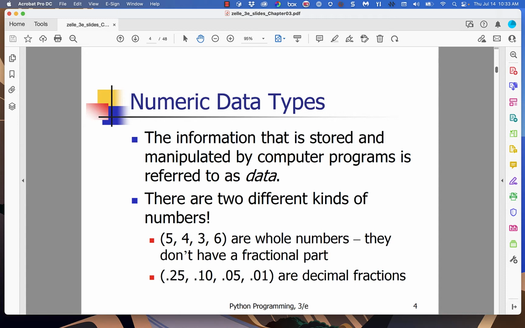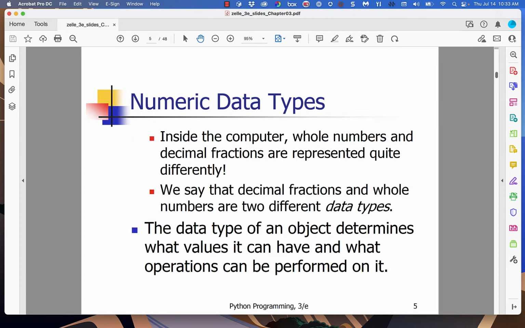And then we have decimal fractions, things that come after the decimal point, like 0.25, 0.10, 0.05, 0.01, and we need a number type for them. So inside the computers, whole numbers and decimal fractions are represented quite differently. So we need two different data types.